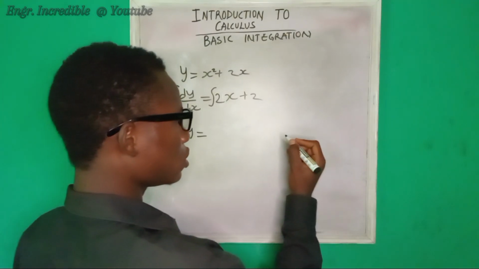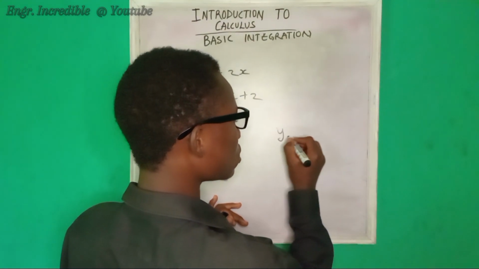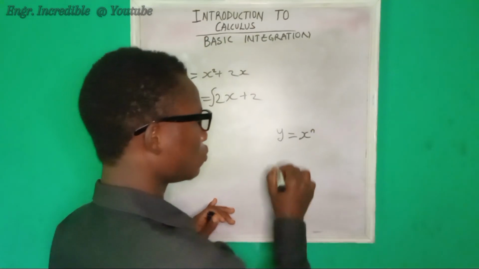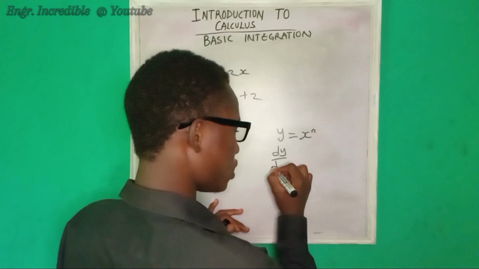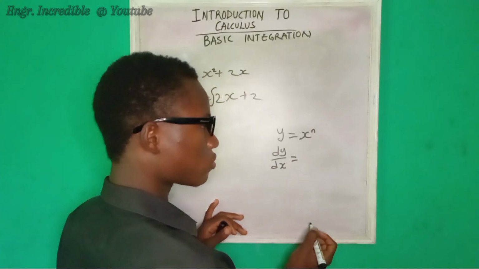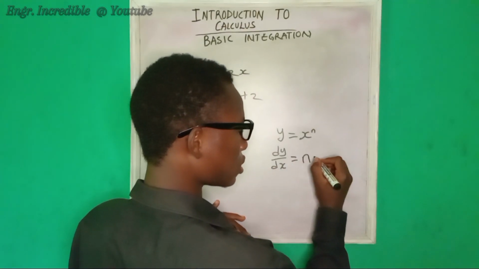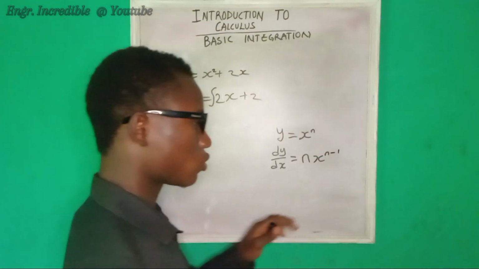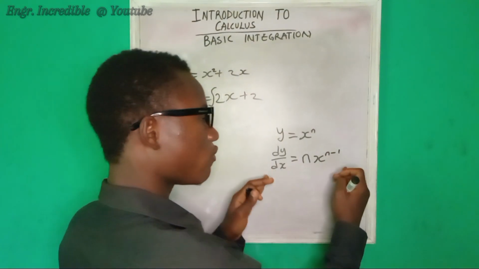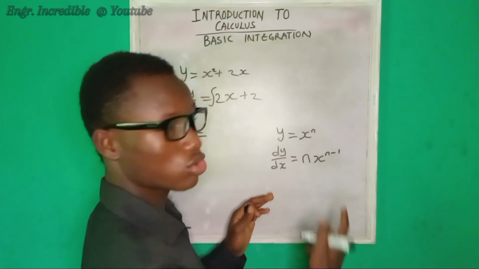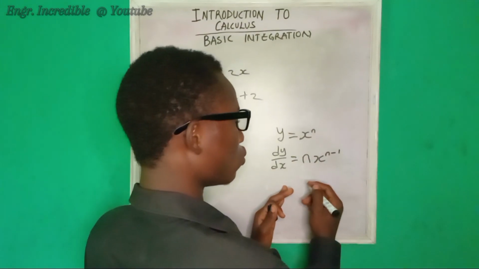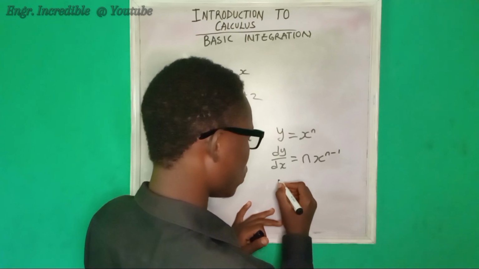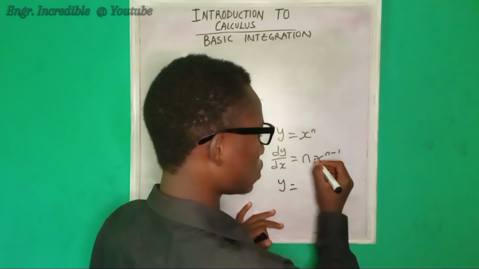So now if we say y equals x raised to power n, and then when we differentiate it, we get n times x raised to power n minus 1. So how do we convert this back into this? Well, that is simple. So we just add 1 to this power. In order to get y back, we add 1 here.